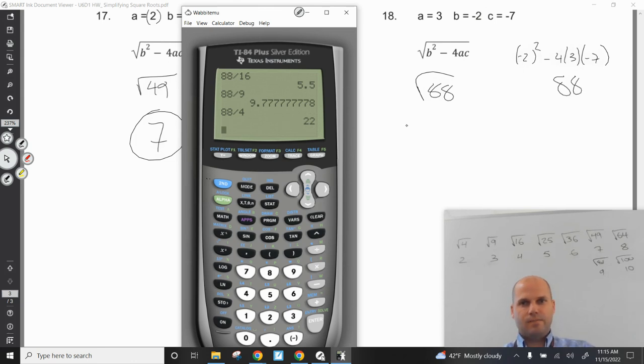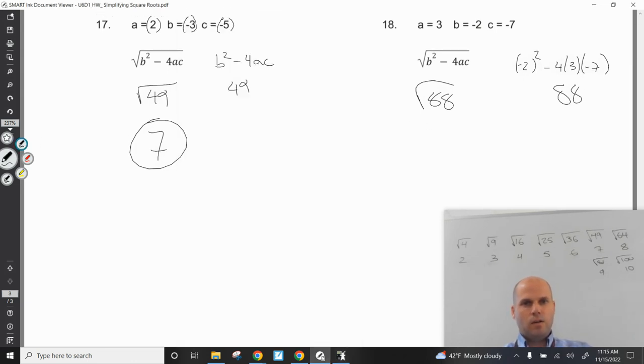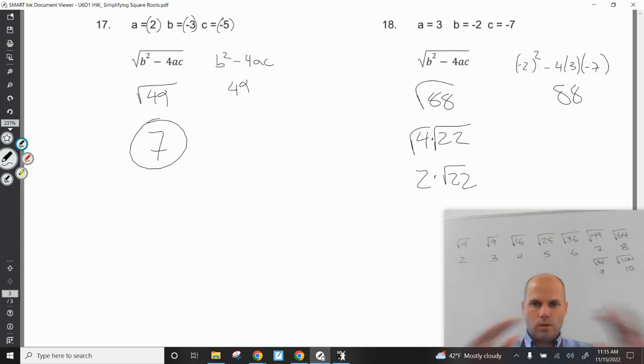You might not think it, but 4 is the biggest perfect square. 22 is the smallest root that can come out of 88. Root 88 is 4 times 22, but it's root 88, so it's root 4, root 22. The square root of 4 is just 2. 2 times root 22. That's it.